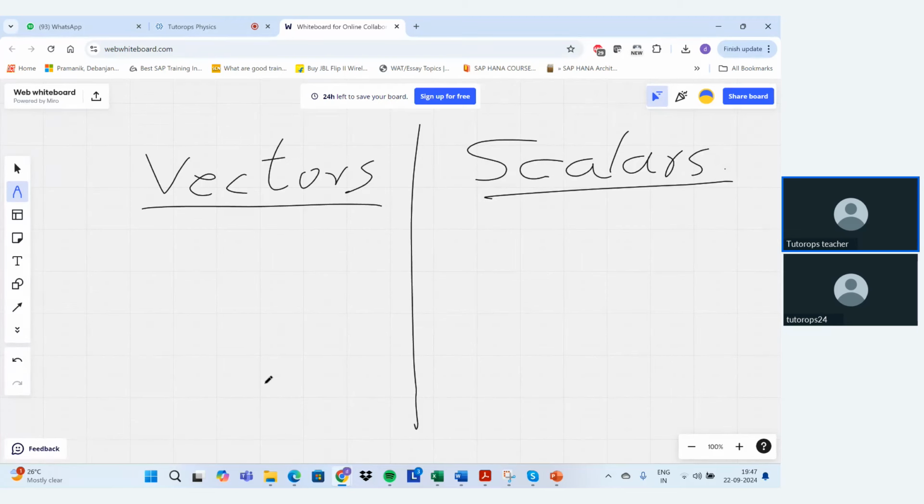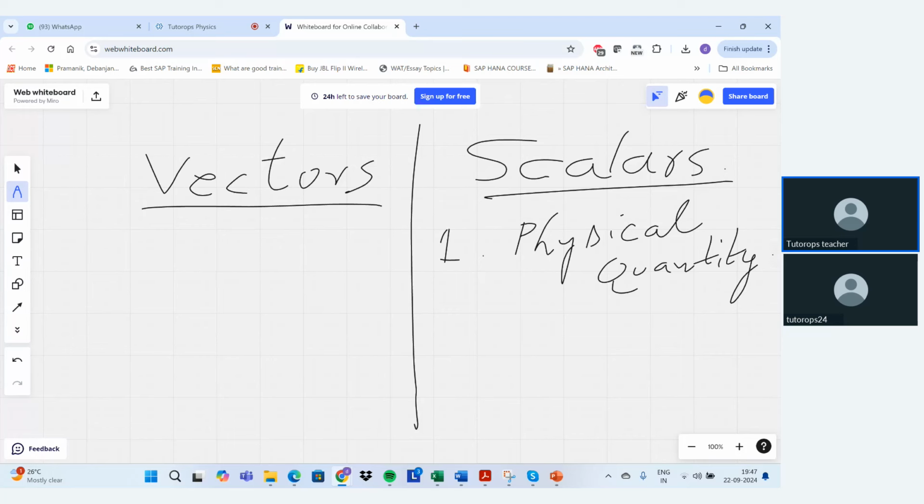Scalars means wherever we have a physical quantity, a physical unit of measure. But scalars do not have any direction.